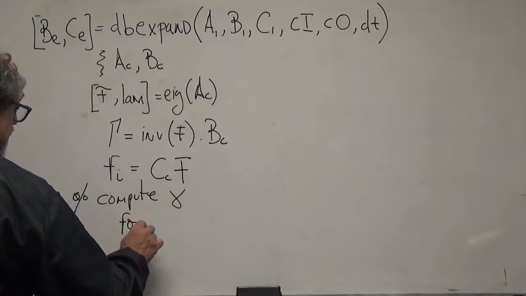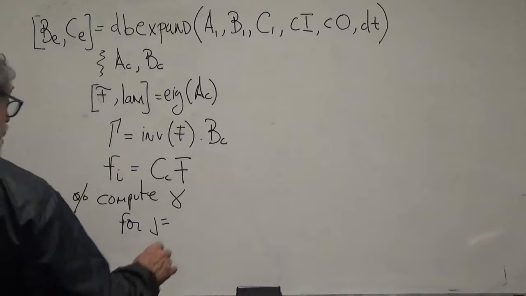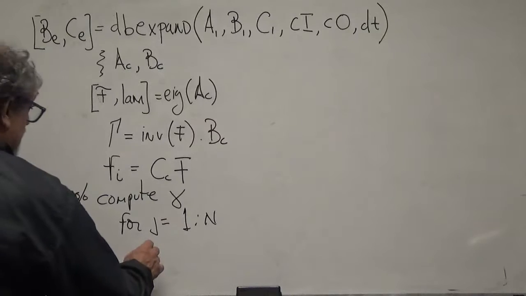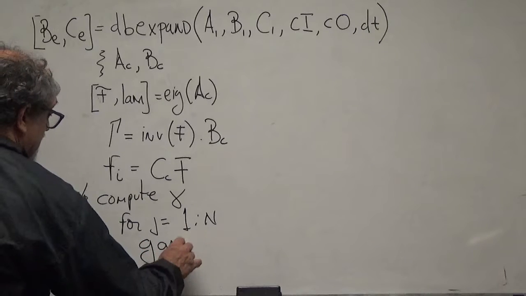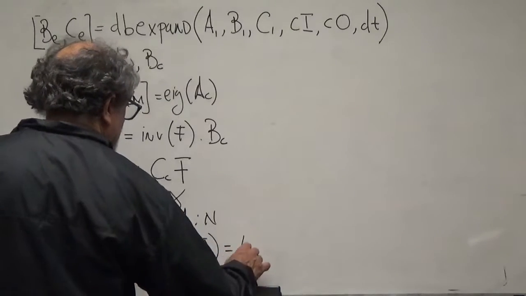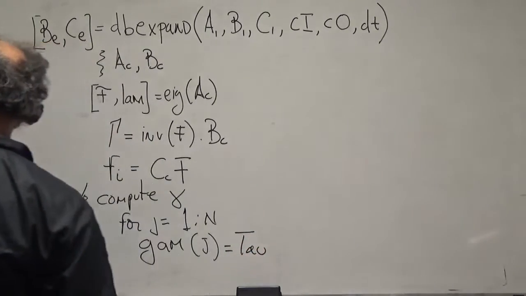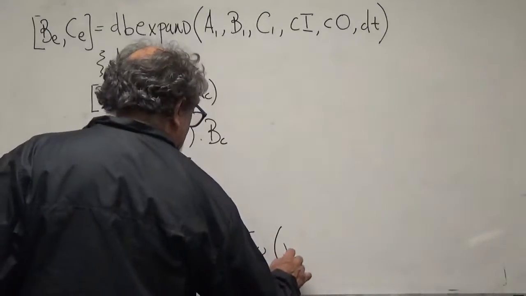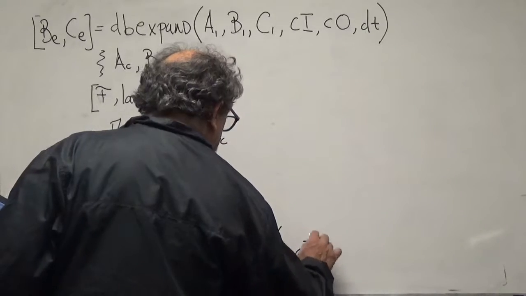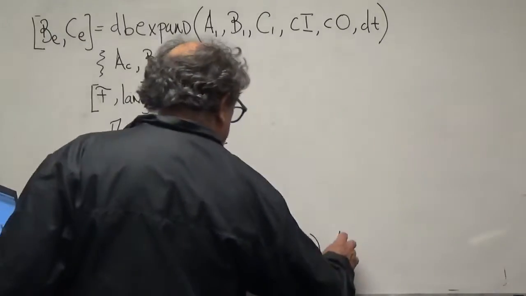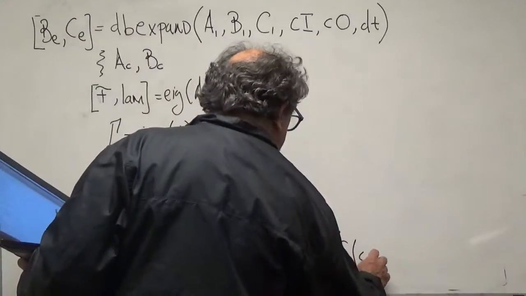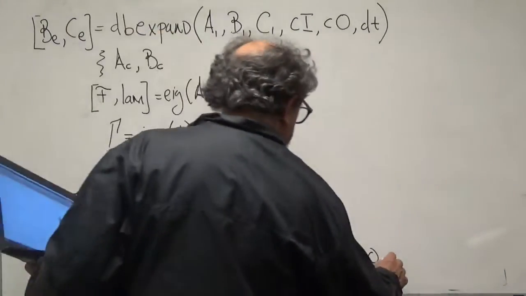It says for j equals 1 to the order n, calculate gamma j equals tau j collocated input divided by phi collocated output j.